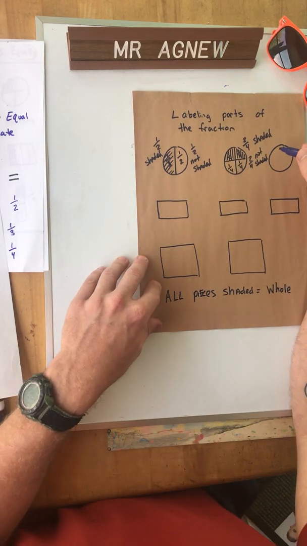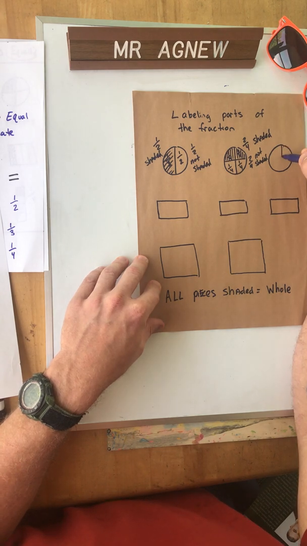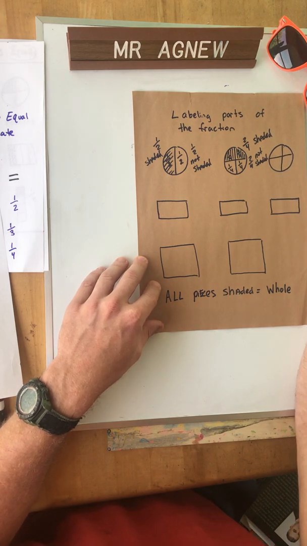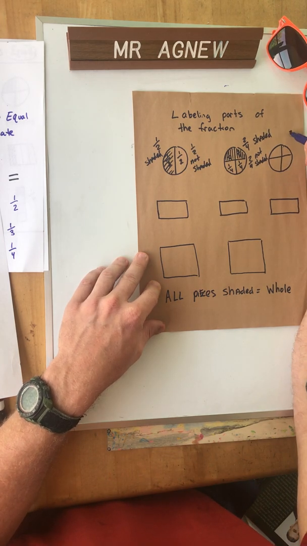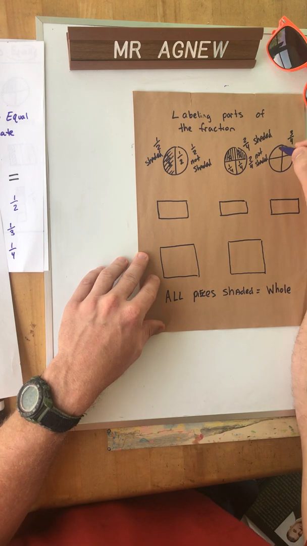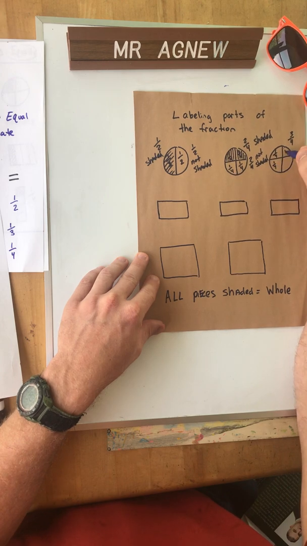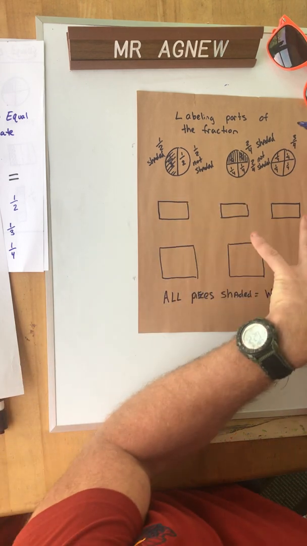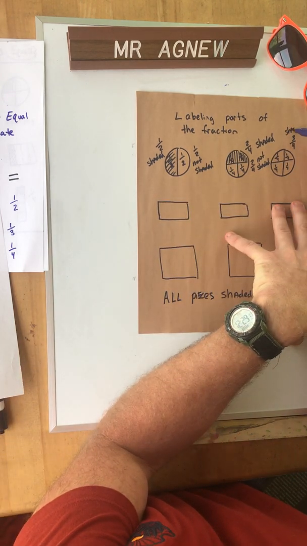Okay, let's do another one. I'm going to let you try this one if you'd like. I'll give you a little pause. I want you to shade in 3/4 pieces. I'll label them all. This is 1/4, this is 1/4, this is 1/4, this is 1/4.